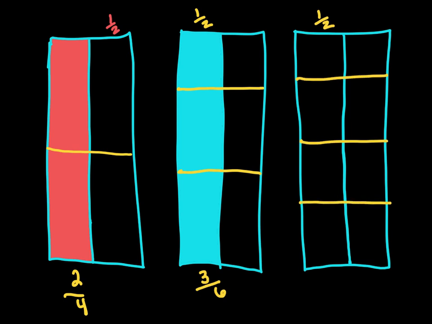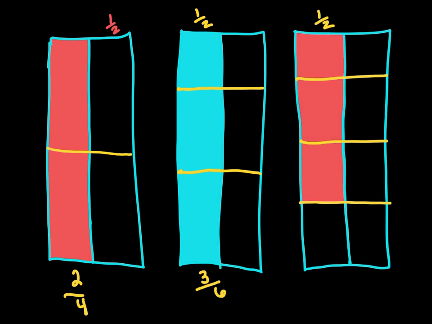And we're going to shade in 1, 2, 3, 4. Okay, so how many pieces did we cut up? We cut up into 8ths, and we shaded in 4. So it shows that 1/2 is equivalent to 4/8. So 2/4, 3/6, and 4/8 are all equivalent to a half.